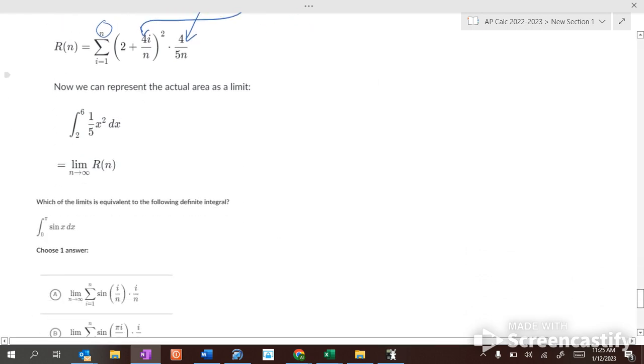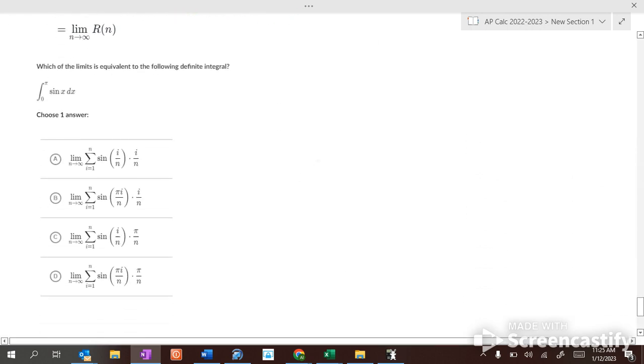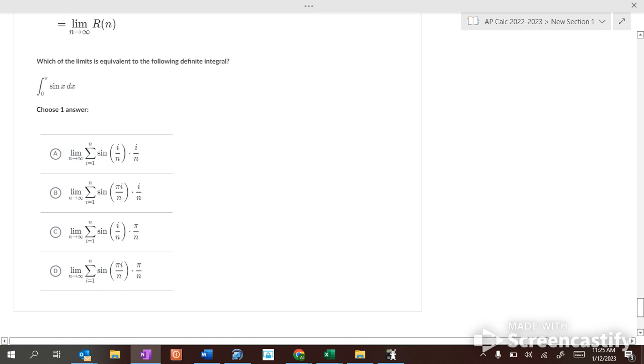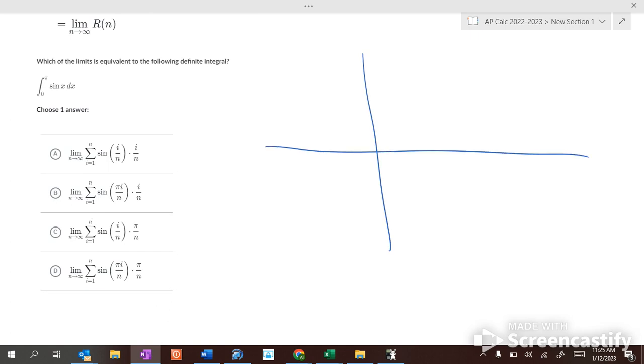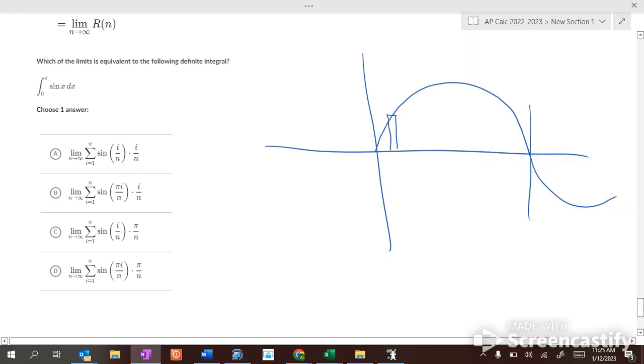Okay? So we're doing this for sine. So the sine from 0 to pi for the sine of x. So the sine curve from 0 to pi looks like this, if you remember your trig, because then it goes like that and so on. So you've got to just imagine your rectangles here going up like that.